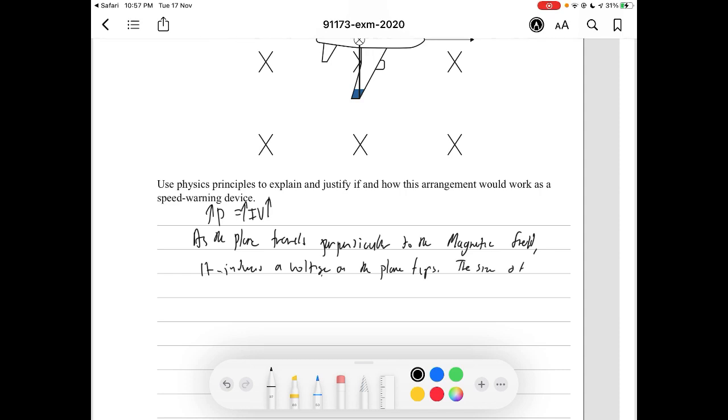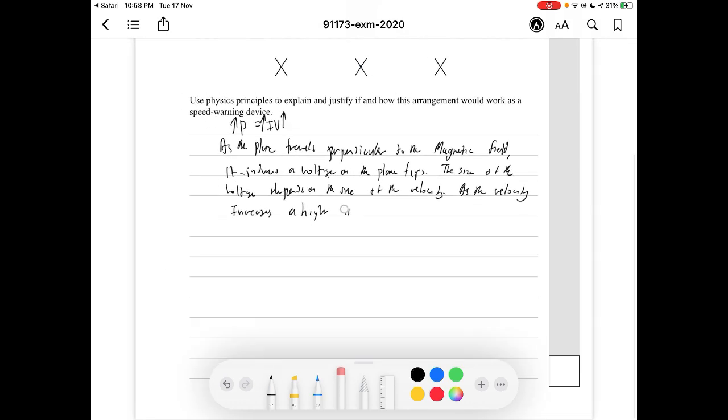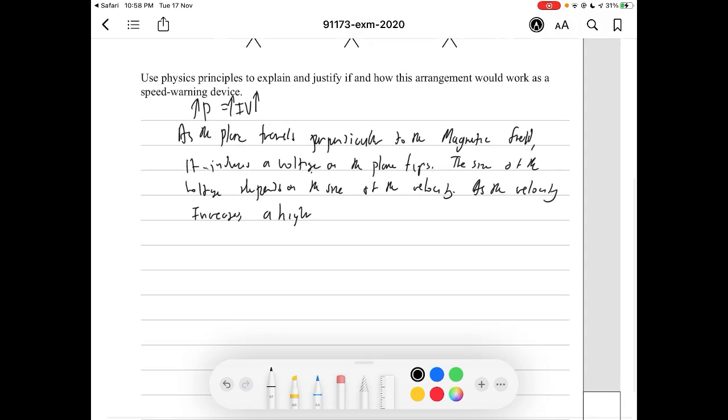The size of this voltage depends on the size of the velocity. As the velocity increases, a higher voltage is induced.